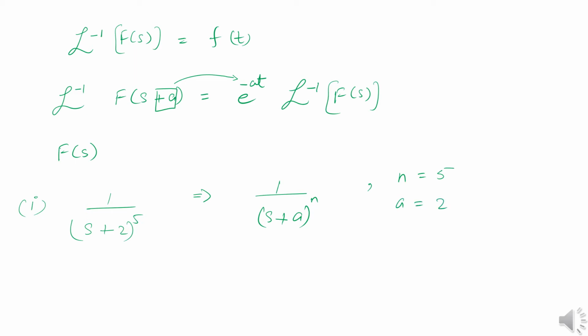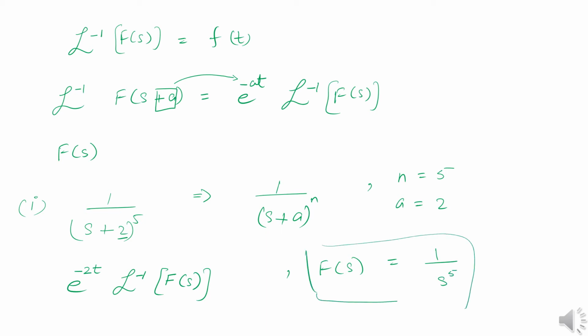So from the shifting property we can say e to the power negative 2t times the Laplace inverse of F(s). But what is F(s) here? After removing 2 from the bracket, we are left with 1 over s to the power 5. So our F(s) in this case is 1 over s to the power 5.